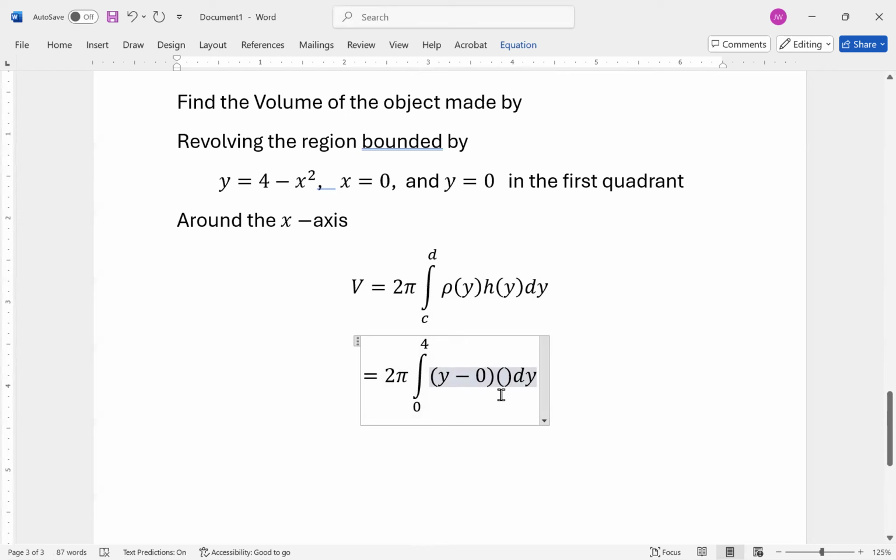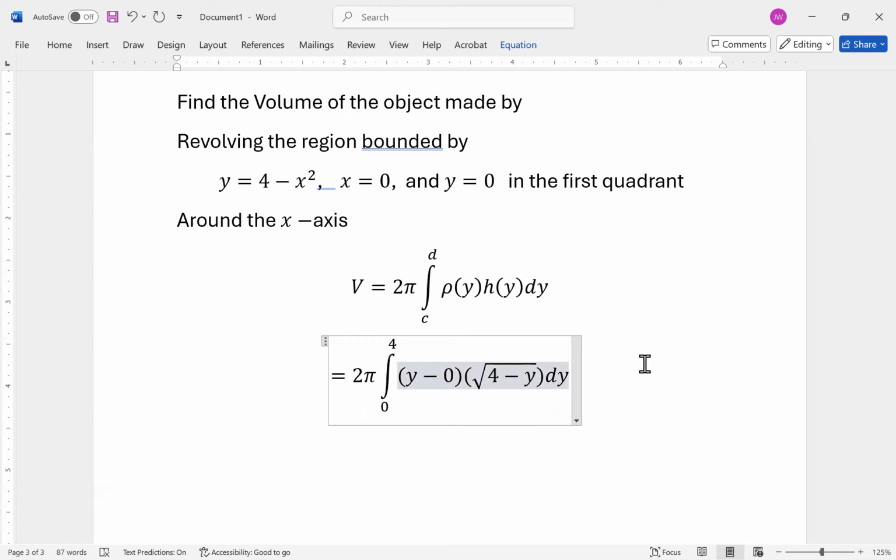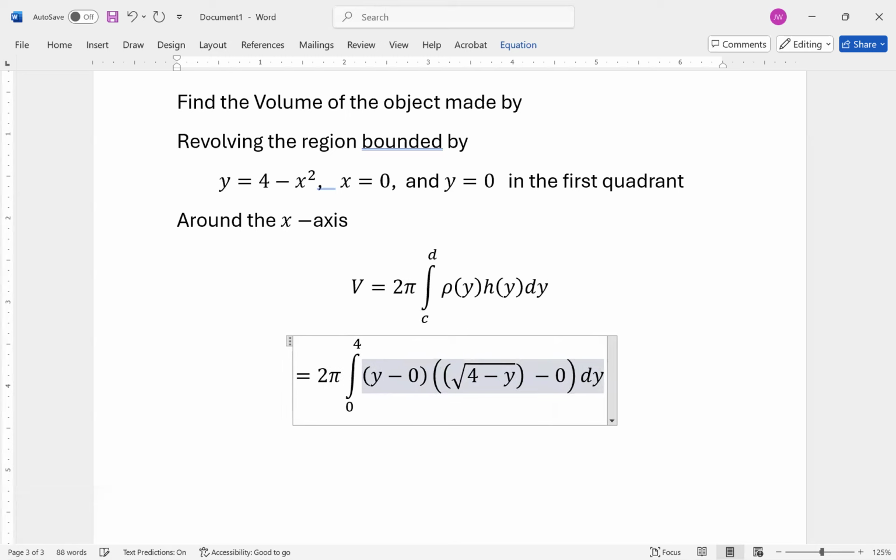So now we have my height, which is x is equal to the square root of 4 minus y, down to 0. And then my radius is just y.